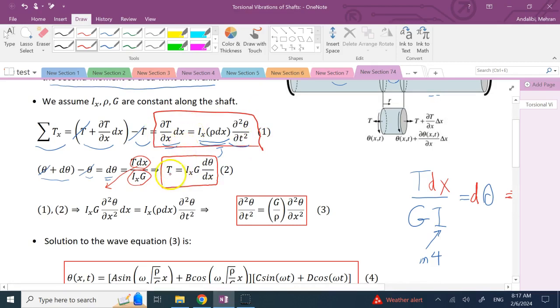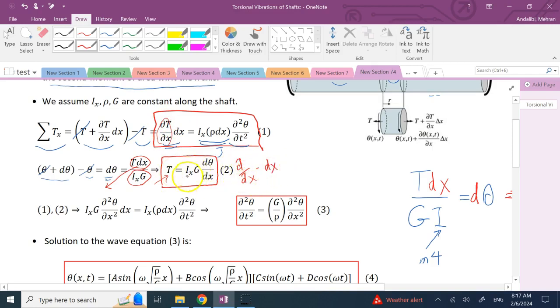If you look in equation 2, you have T. In the top one, you have partial of T with respect to x times dx. So what we do is we take a partial of equation 2 with respect to x on both sides to get this term, and we then multiply by a dx on both sides.